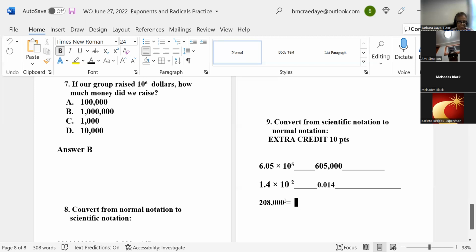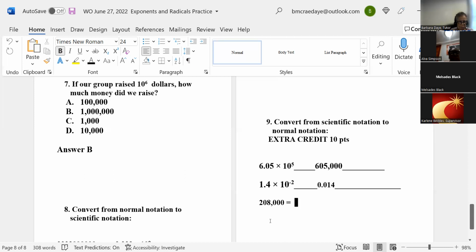The decimal point is right here, and you'll move it between what 2 digits? Now, what would be the number in front of my base 10?